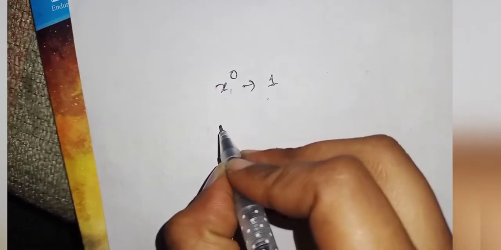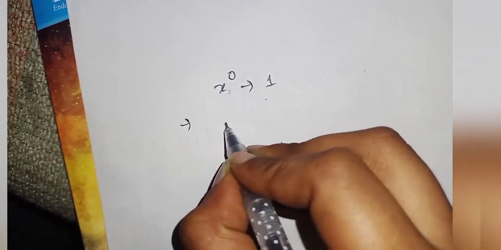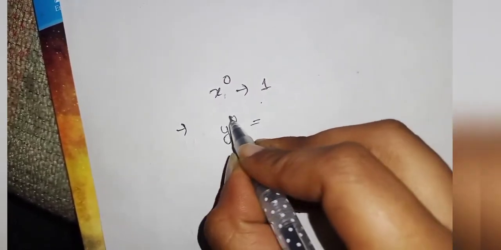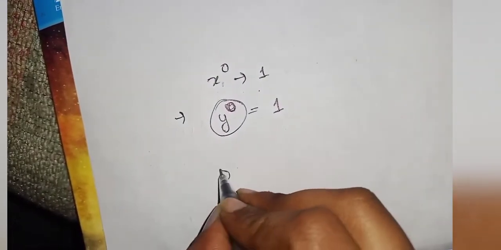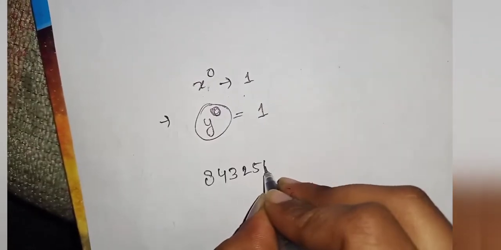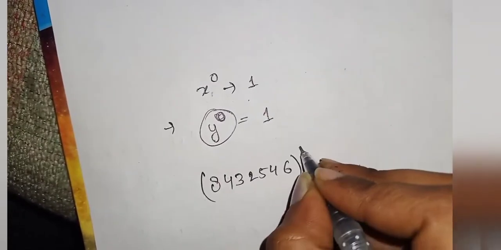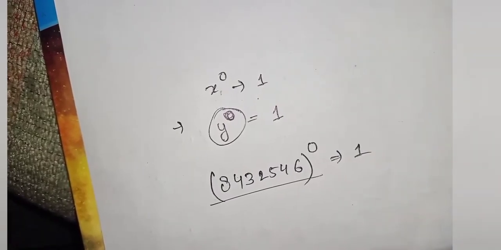So if the power, I repeat again, if the power of any term is 0, then the value will always be equal to 1. Or you can take any number, 8, 4, 3, 2, 5, 6, any number. If the power of this number is 0, it will always be equal to 1.